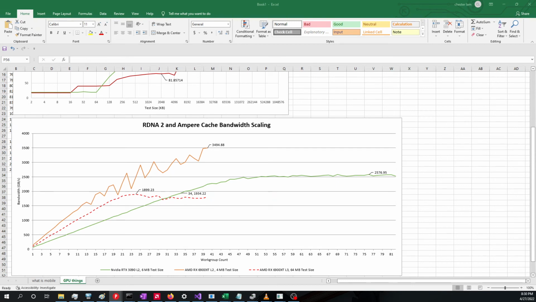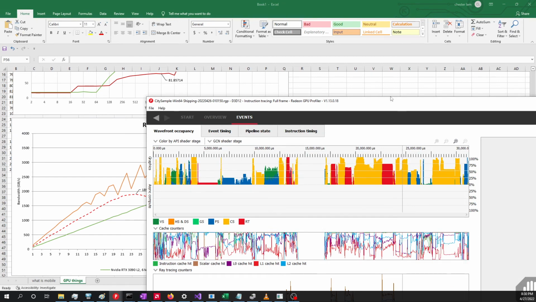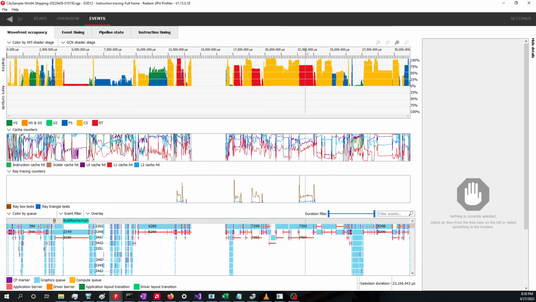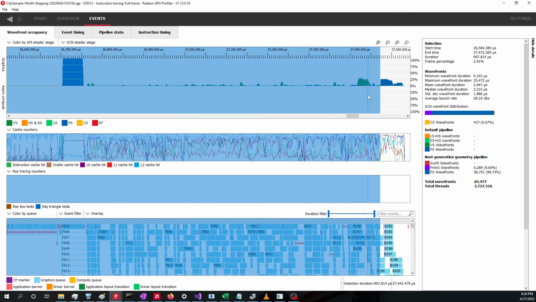If you look at a frame from any application, in this case a profile of Unreal Engine 5's city demo, you can see that there's a lot of cases where you don't have full occupancy, and so performance at lower occupancy, so latency and the amount of bandwidth you can pull without filling the entire GPU, that kind of gets important too. So you can see stretches here where occupancy is rather low. But anyways, I digress, so I'll end the video here.